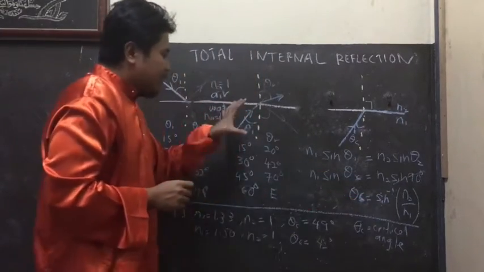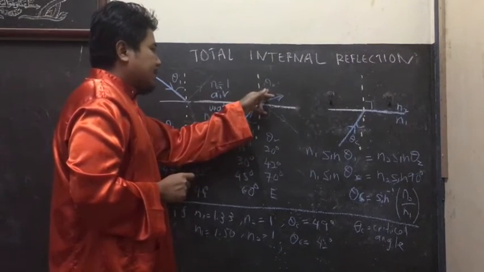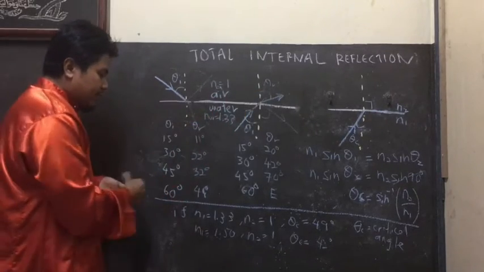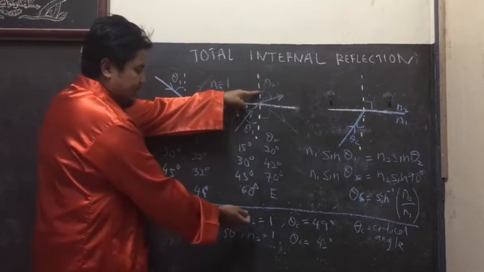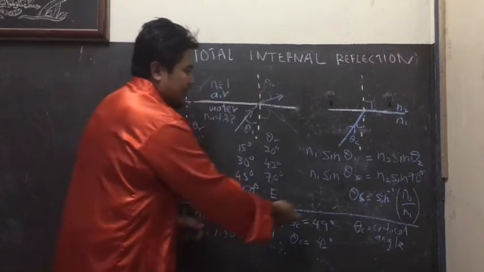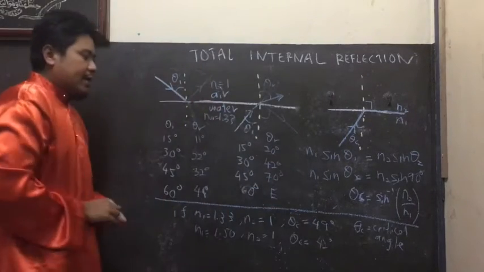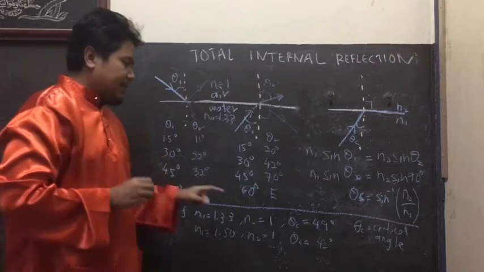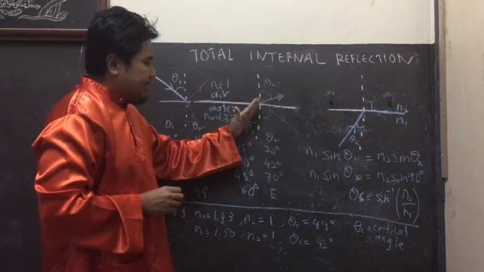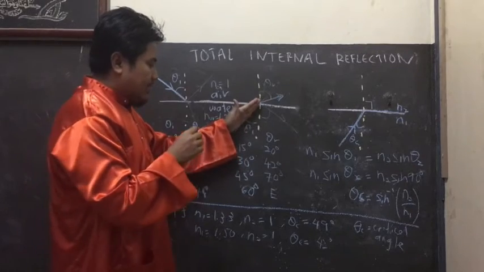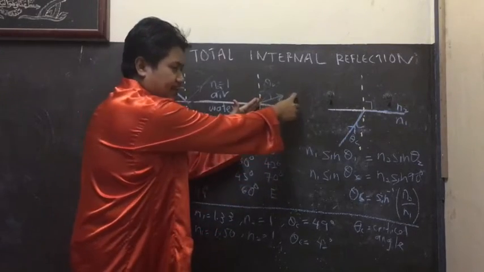Okay, so returning to the situation of water and air, for example, you have water at 1.33, and this is air. By using this calculation, you have a critical angle of 49 degrees. That means if your incident angle is 45, you still have refraction.